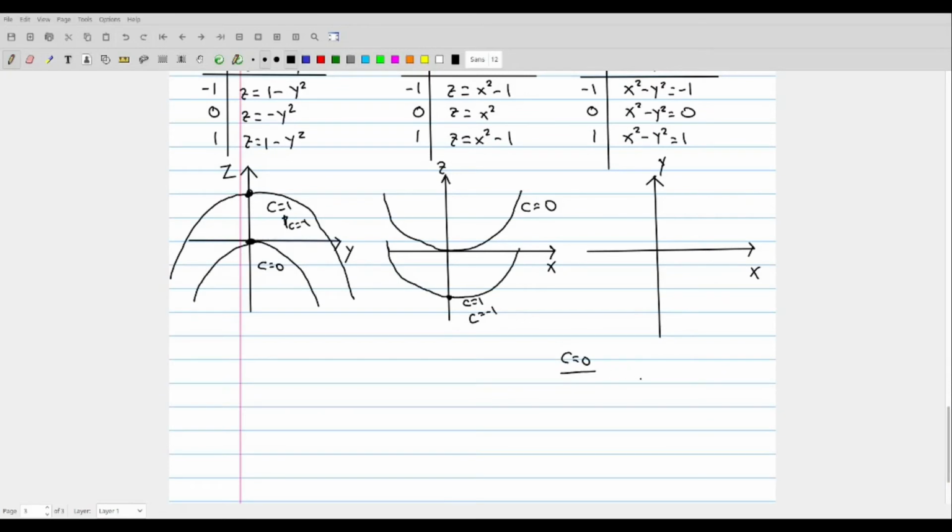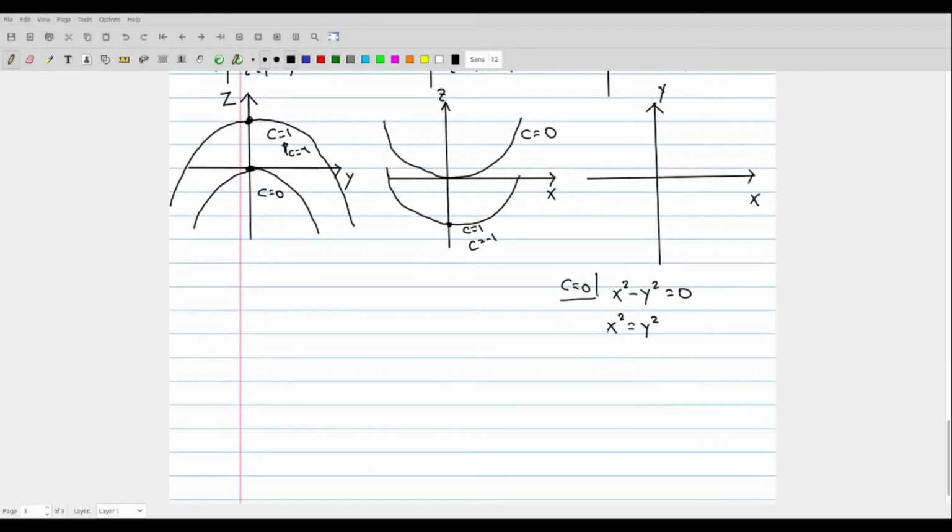In c equals 0, we have the equation x squared minus y squared is equal to 0, which is the same thing as the equation x squared is equal to y squared, or, if I take the square root of both sides, square root of x squared is equal to the square root of y squared, which is that the absolute value of x is equal to the absolute value of y.